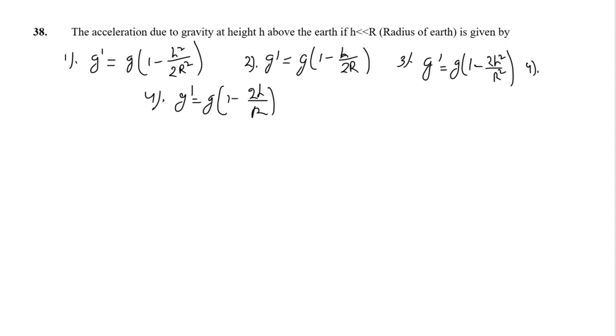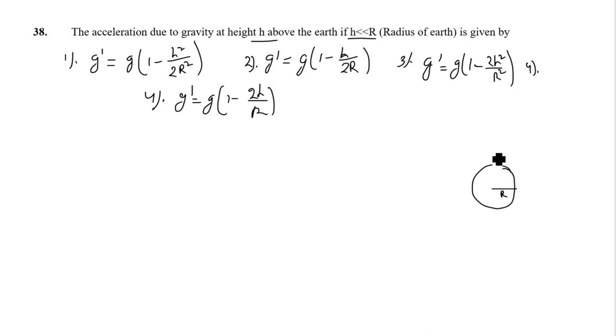We know this is a direct formula in gravitation, but we have to find out here. The question is saying: find the acceleration due to gravity at a height h above the earth, where h is very much less than r, which is the radius of the earth. Let this be our earth of radius r.